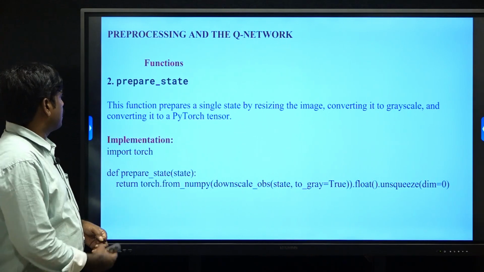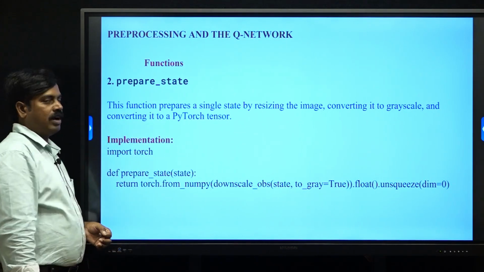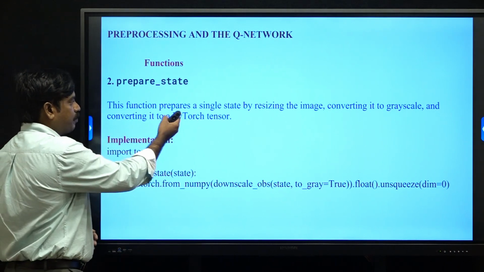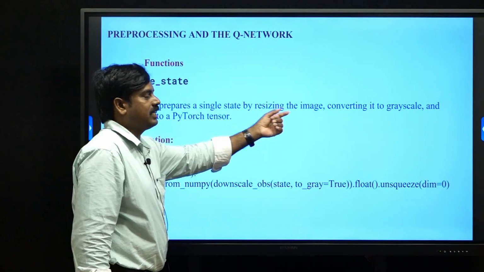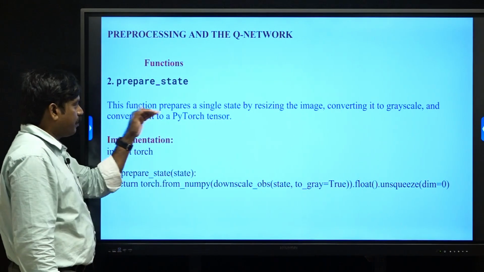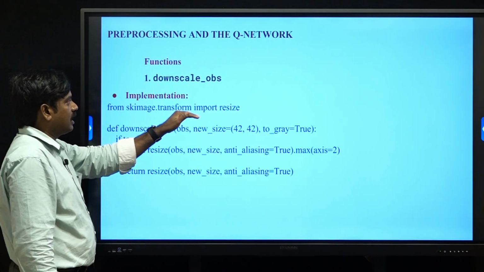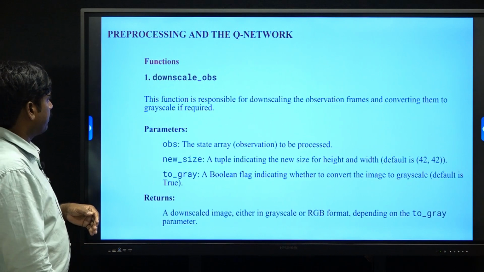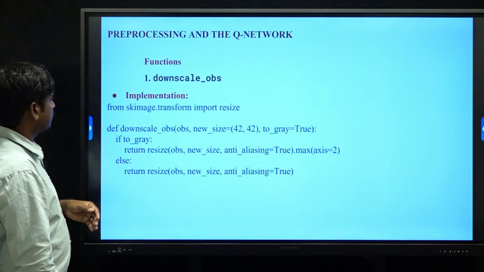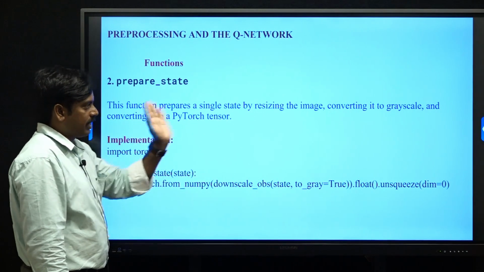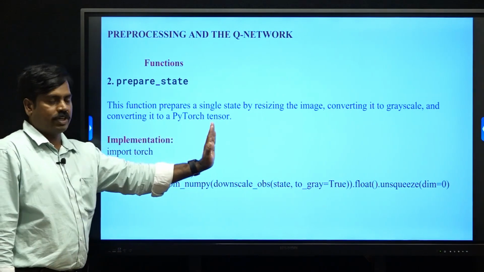One more function is prepare_state. The prepare_state function prepares a single state by resizing the image, converting to grayscale and converting to a PyTorch tensor.